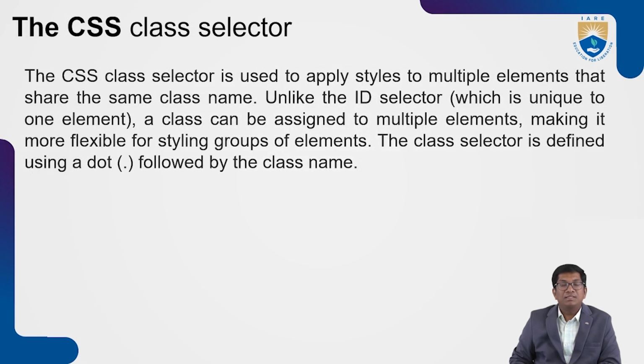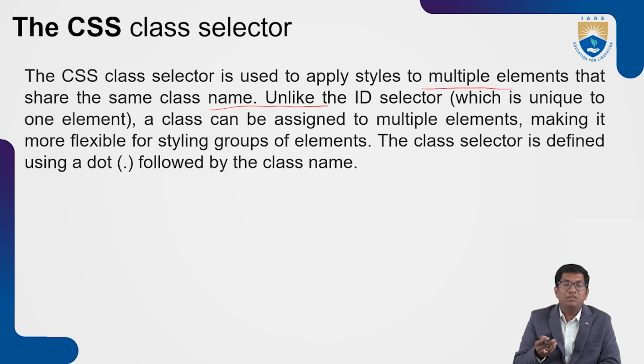So one more is the class selector. The class selector is used to apply styles to multiple elements that share the same class name. We can give the same class name to multiple elements, and it will apply the same properties for all the elements by using the class selector. The ID selector is for a particular element only, that is unique.